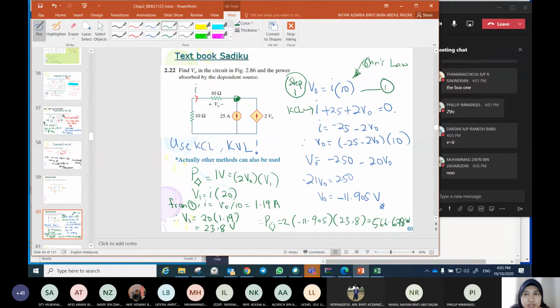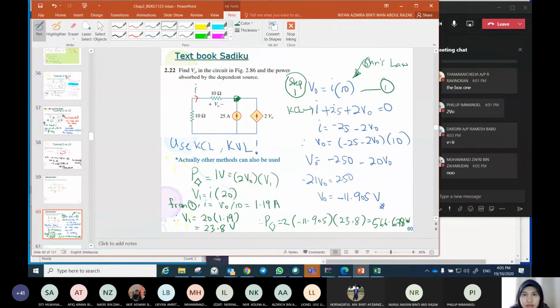No, so 0. Zero means no current leaving the node. So this is KCL. Then we want to substitute this I into the first equation. So I is equal to minus 25 minus 2V naught.